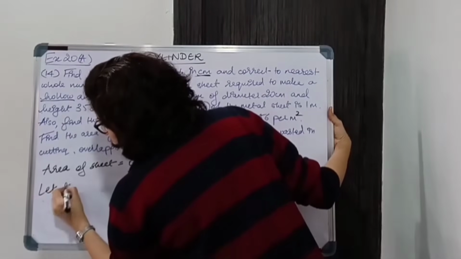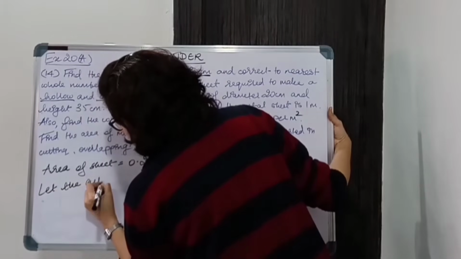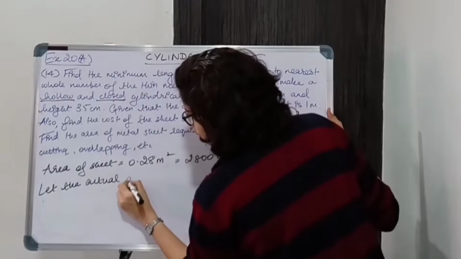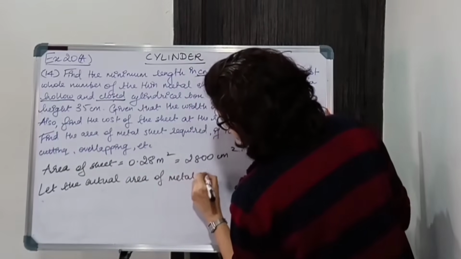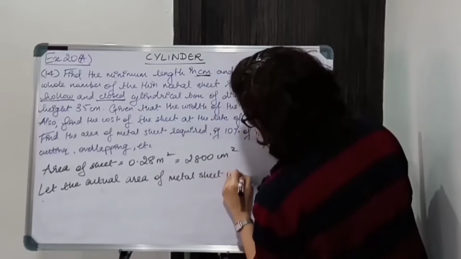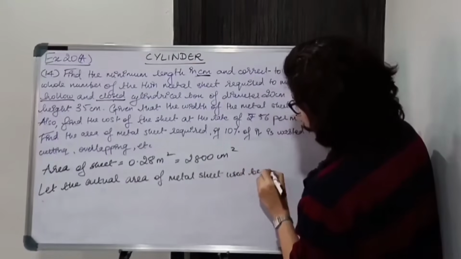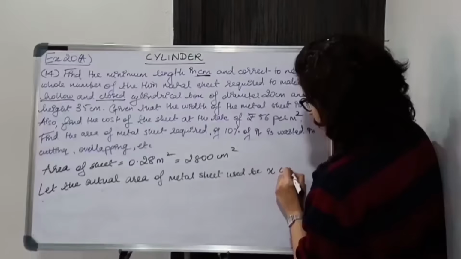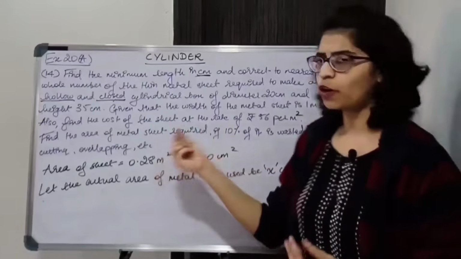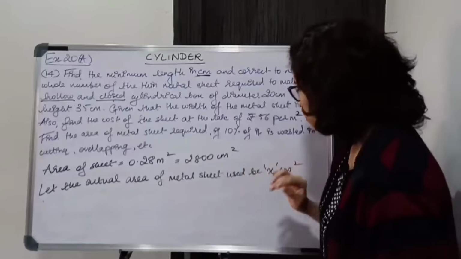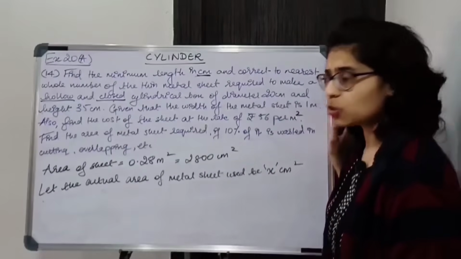So let the actual area of metal sheet used be x centimeter square. You can take meter square, ठीक है, सिर्फ answer का point का difference आएगा, that's it. So it is x centimeter square.